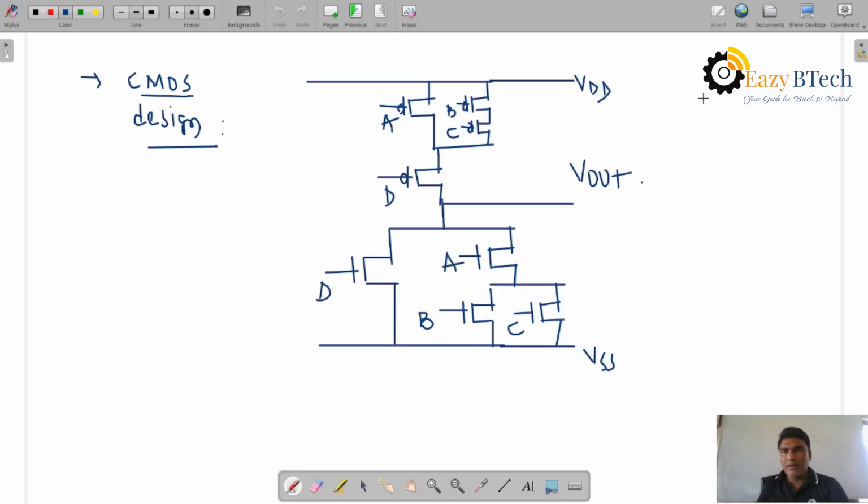CMOS design stick diagram, same thing. VDD and VSS are blue color. Here, red over yellow, red over yellow, red over yellow.